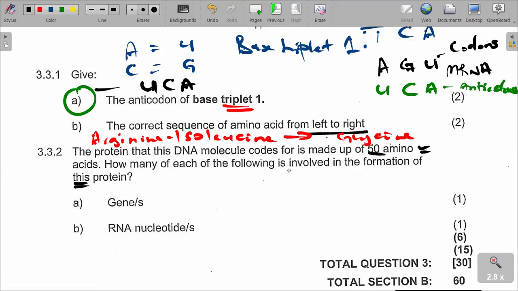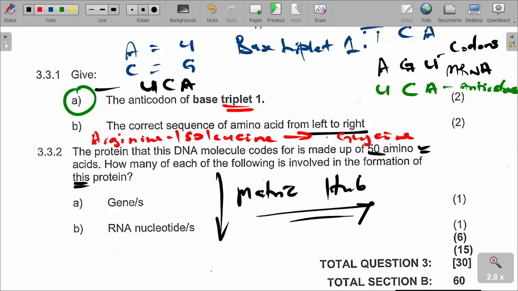How many of each of the following is involved in the formation of this protein? And the RNA nucleotides. So you go again, and you should see that this one is also given according to the formula that I was giving you on Metric Hub. Again, it's just a repetition of the same questions that we are working again and again.